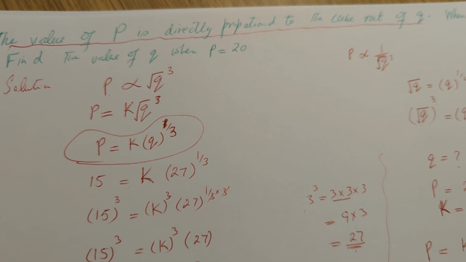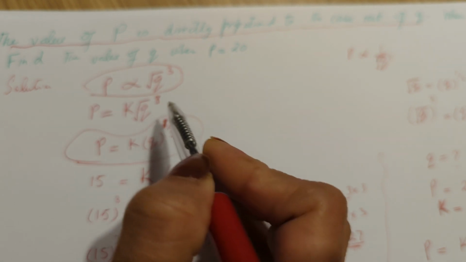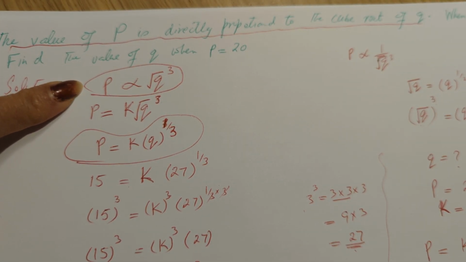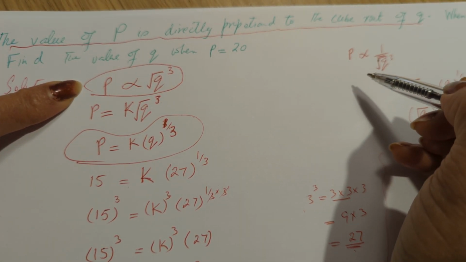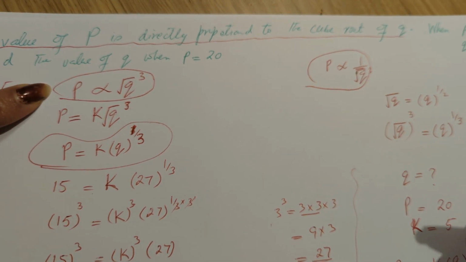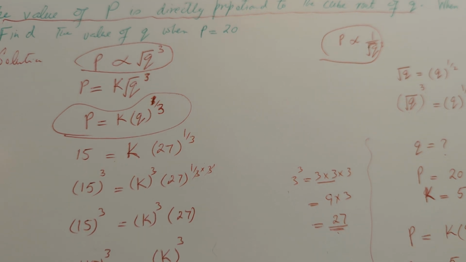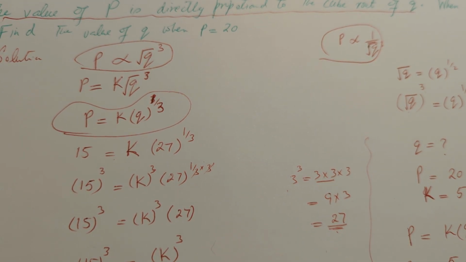For inversely proportional, in directly proportional we will write like that, but when it is inversely proportional we have to write it in denominator form. This is the main difference. Otherwise all the steps of inversely proportional and directly proportional are the same in these questions.